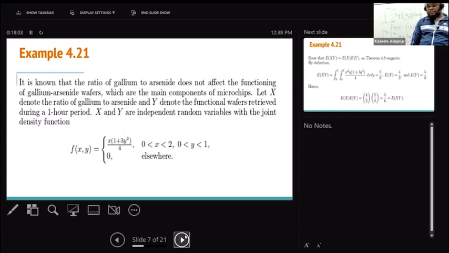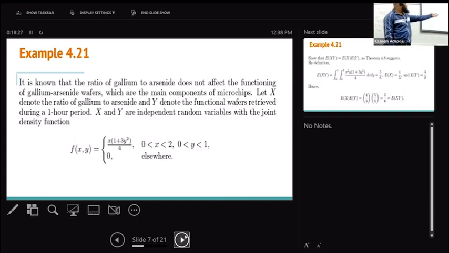X and Y are independent. See that instruction? Pay attention. X and Y are independent random variables with the density function, which means they've already given you the idea that the joint is the same thing as f of x multiplied by f of y.